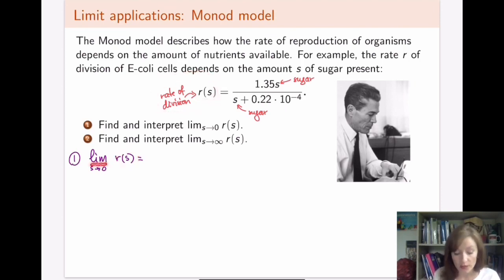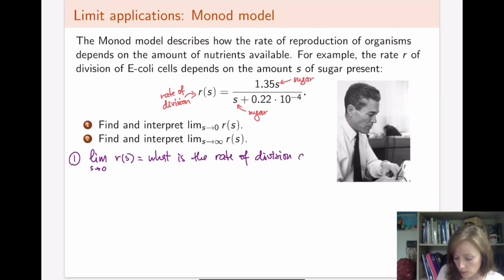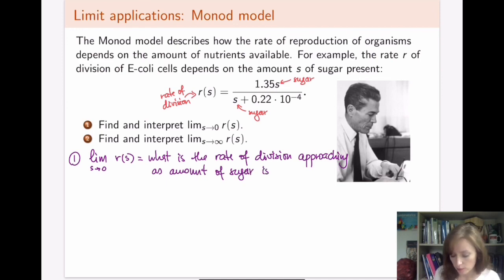So in the limit, what is the rate of division approaching, as s goes to 0? s is the amount of sugar, which means that essentially there are almost no nutrients present. So as the amount of sugar is very low.